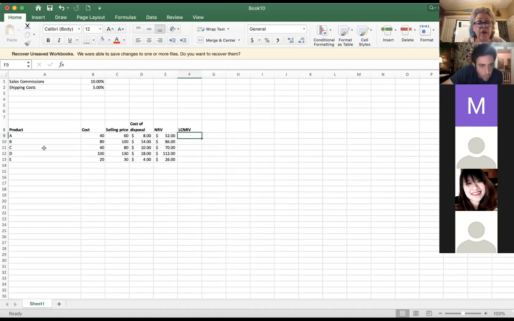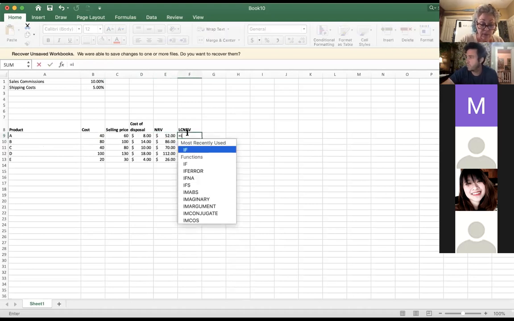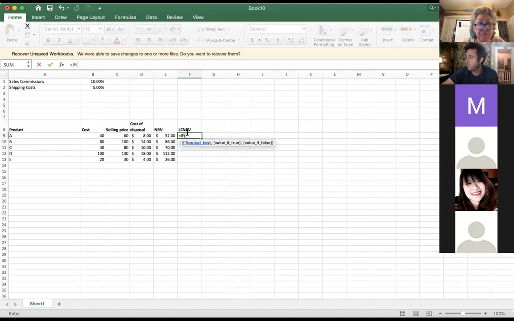If I want to know which one is lower, cost or NRV, by individual item, what would I do? You do an IF formula. Exactly. If cost is less than NRV, then I want to put in cost if that statement is true.